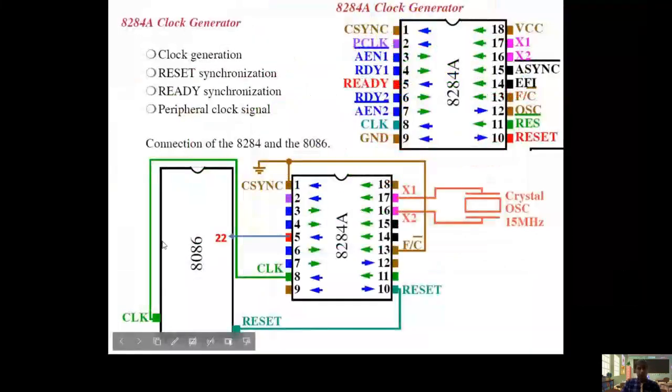Okay, now let us see this particular part. There is a clock generator, and this is very essential. The role of the clock generator is to give three important pins of information to 8086.